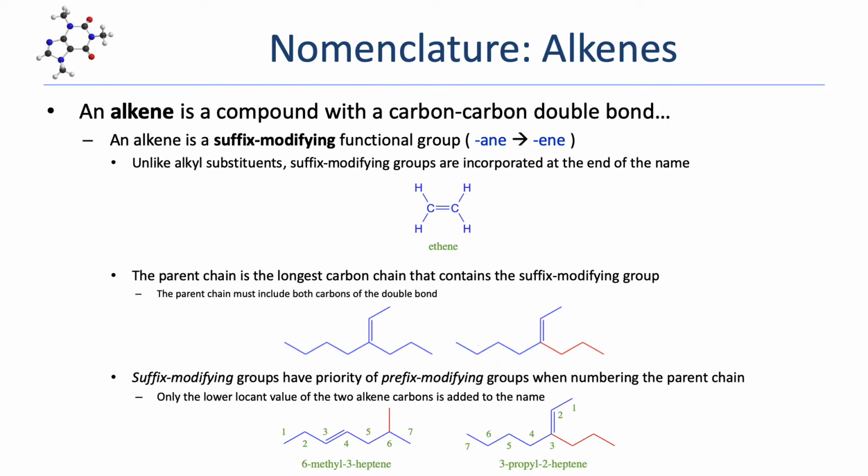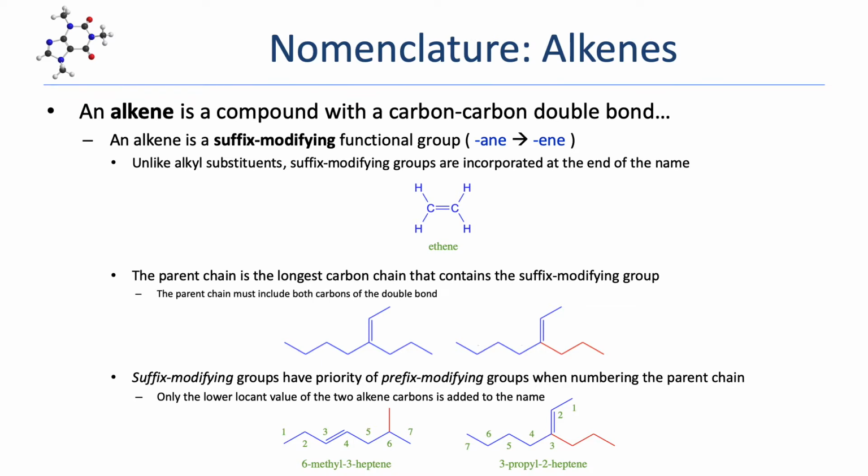When determining the parent chain, when we have a suffix modifying group in the molecule, we actually have to modify the old rule that says look for the longest carbon chain. When you have a suffix modifying group, the parent chain will be the longest carbon chain that contains the functionalized carbons. And alkenes are actually what I call shared functional groups.